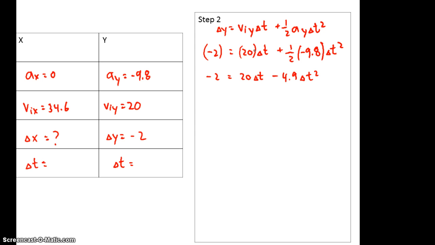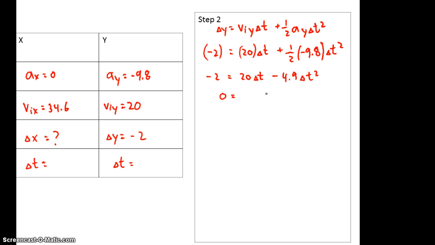What I've done so far in step 2 is write my equation, sub in all the values from my table, and then simplify this last term. So you look at this and say, okay, how am I going to solve this? You may recognize that if I have t squared, t, and some number, this is just like having x squared, x, and some number.